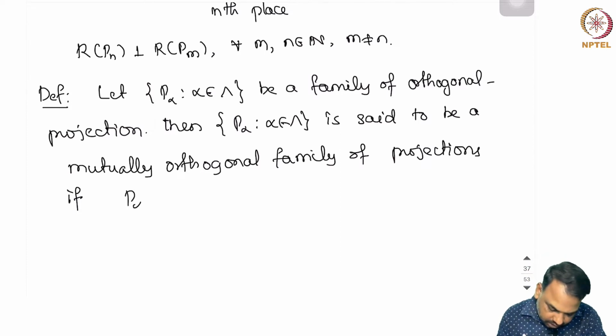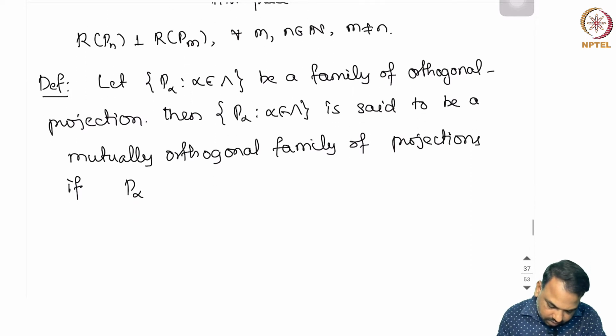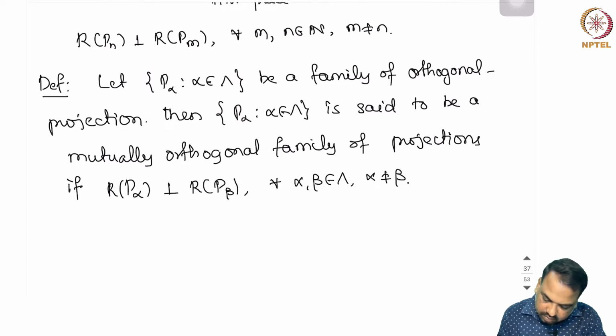That means range of P alpha is orthogonal to range of P beta for all alpha, beta in lambda, alpha not equal to beta. If such a condition holds true, then we can conclude that the family of projections is a mutually orthogonal family of projections.